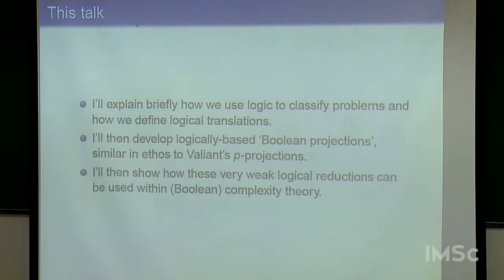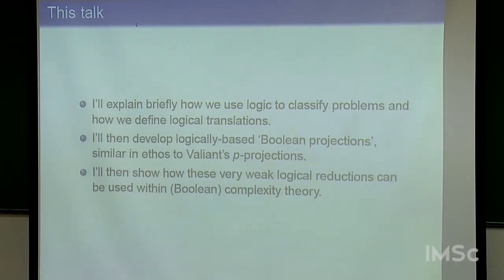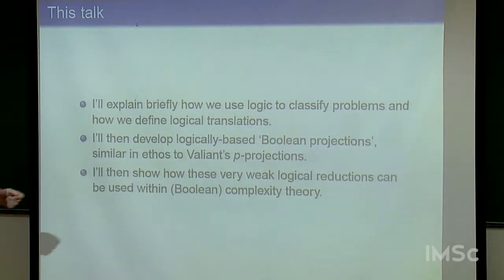In order to do this, I'll explain how we use logic to classify problems and develop logical translations, essentially uniform versions of Valiant's projections. And then look at some developments using these very weak logical reductions in complexity theory.